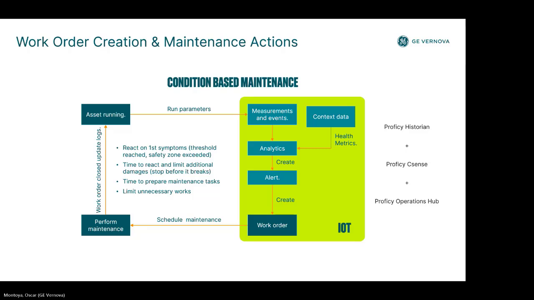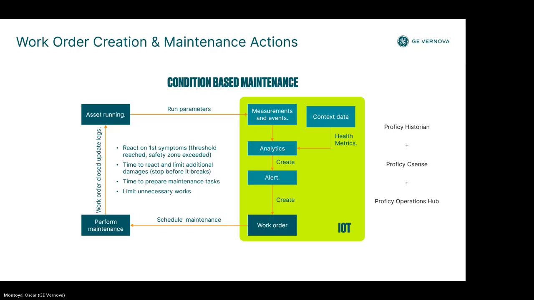But before you get to that point, you can build screens in Operations Hub, and one of our applications already does this. If you've heard of Proficy for Sustainability Insights, it allows operators to submit work orders through Operations Hub, and you are also able to track the different actions that have been taken on these specific orders through OpsHub.